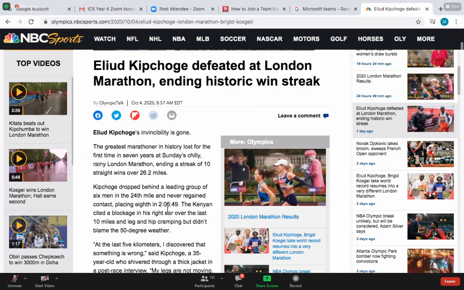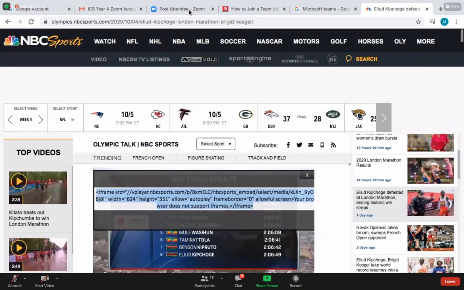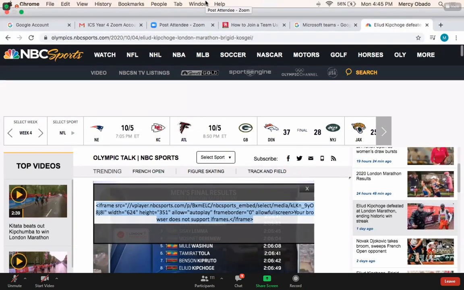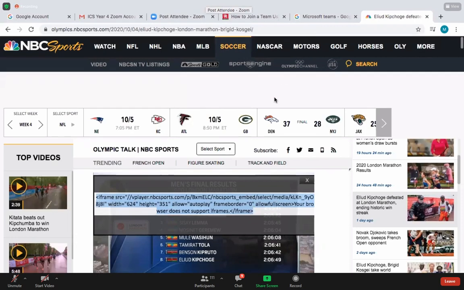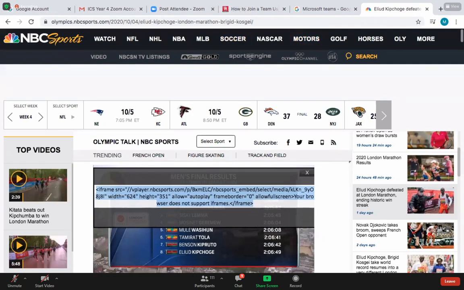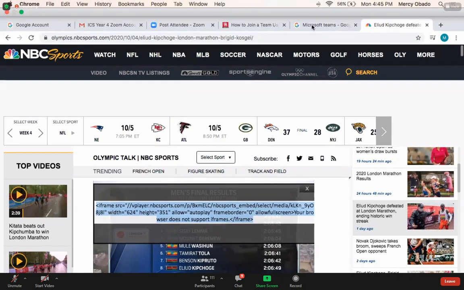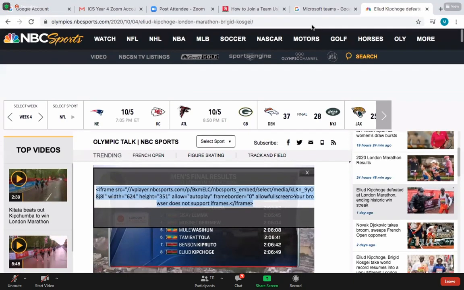Kipchoge has had so many wins, and I think it's not the end of Kipchoge. It's never the end of a great athlete like Eliud Kipchoge. It's just the way life sometimes is. We don't win all the races. But I trust we're going to see his comeback and another win for Kipchoge. Yay!